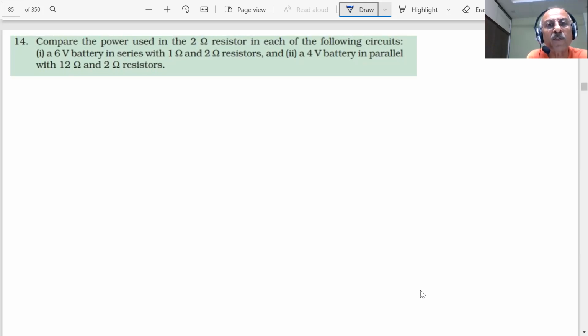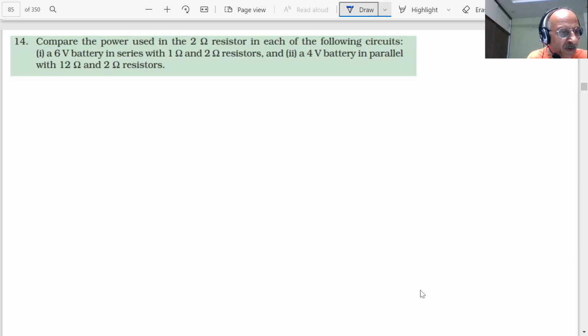First, a 6-volt battery is connected in series with 1 ohm and 2 ohm resistors. Second, a 4-volt battery is connected in parallel with 12 and 2 ohm resistors. You have to compare the power.